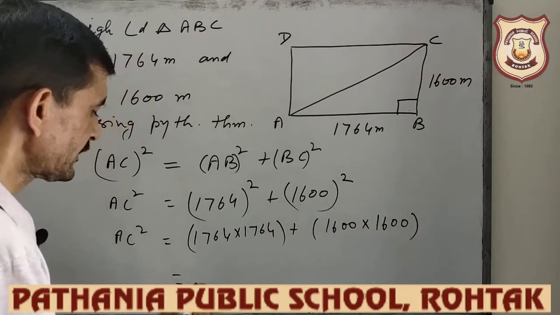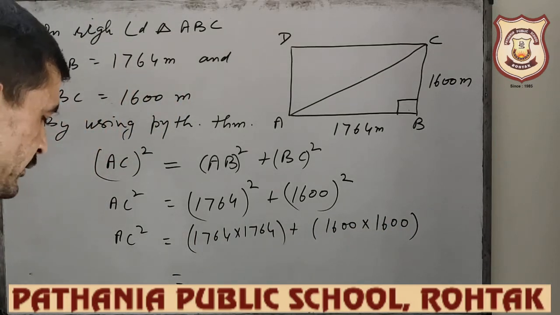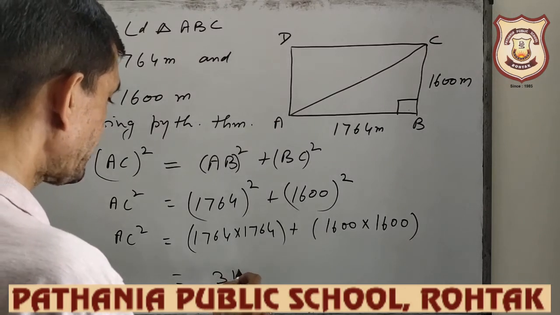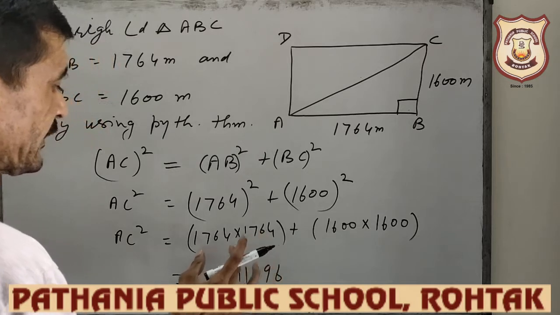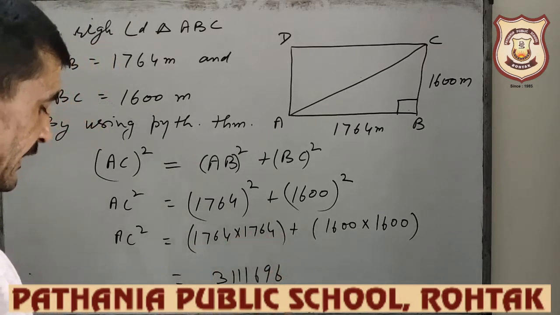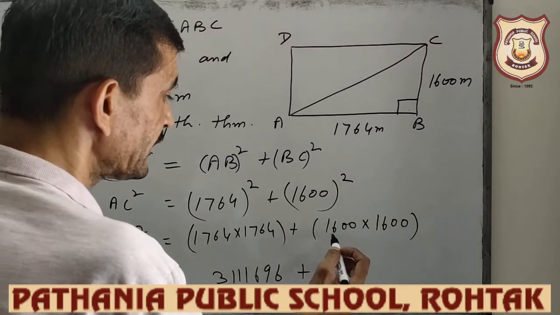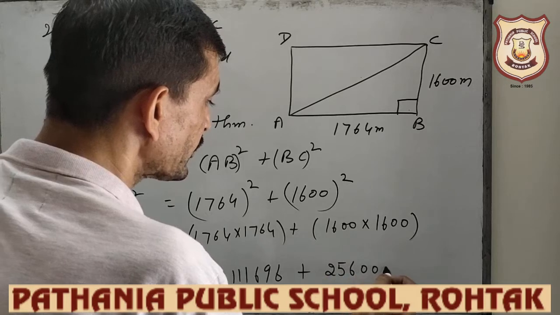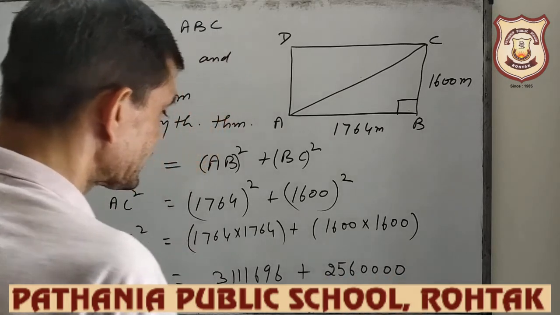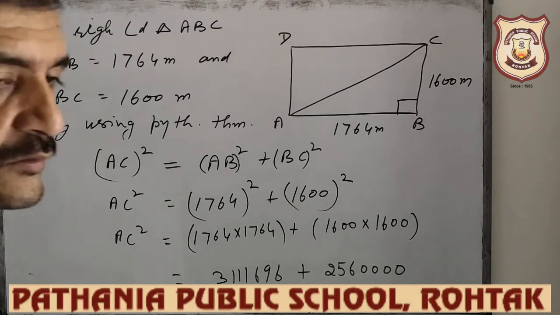After multiplying, this will give you 3,11696. When you multiply this by this, you will get this one, plus 1600 into 1600. 16 into 16 is 256 and 4 zeros, like this. Now write the sum of these two.